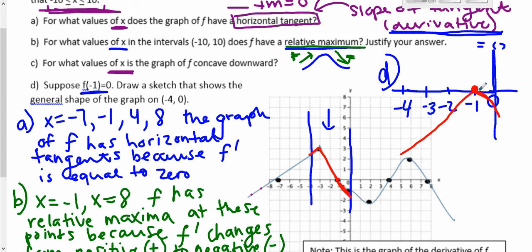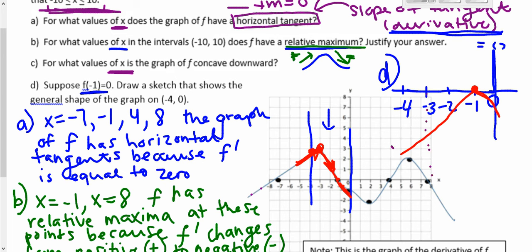Now let's make sure that we have the concavity correct. We might have to erase this a little bit. Let's look here. Our derivative changes from increasing to decreasing. And we said that's when our concavity changes. So it is concave up on this side of -3 and concave down on this side of -3. So let's make sure that our graph represents that. So here's -3.